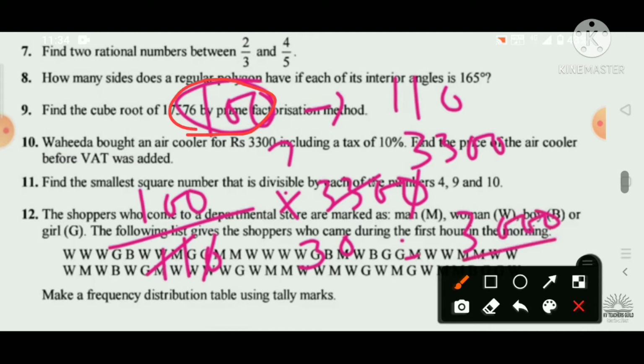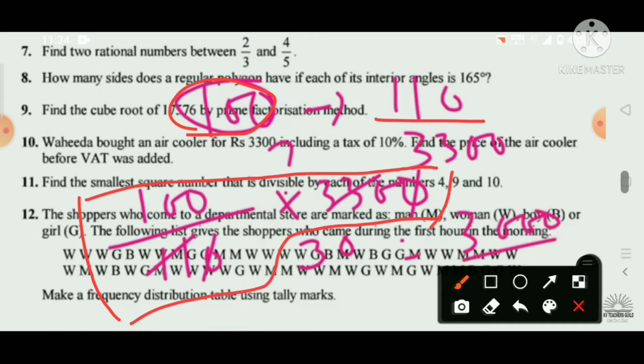Then it becomes plus 10% including tax, so it becomes 110%. Then you can do 100 by 110 into 3,300. By cancelling you will get 3,000. So 3,000 is the answer for this question. Let us move to the next question.